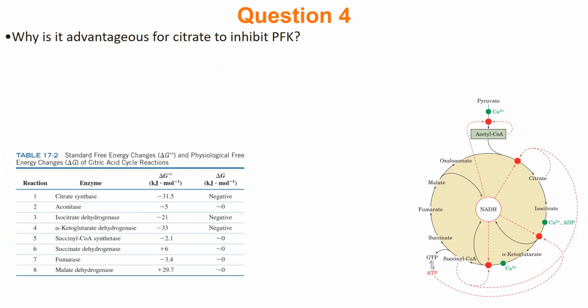And remember, PFK is the major control point for glycolysis. So citrate does a lot of things, and something else it does is inhibit PFK. Remember that the straight up and down line means inhibit when you see that in different biomolecular flow charts. So can anyone think of the logical reason why it would be a good thing for citrate to inhibit PFK?